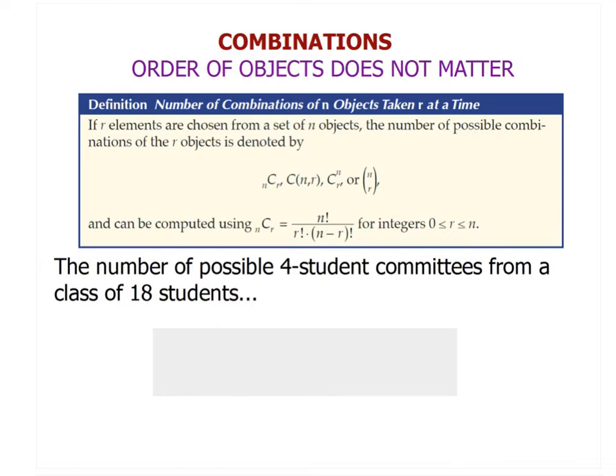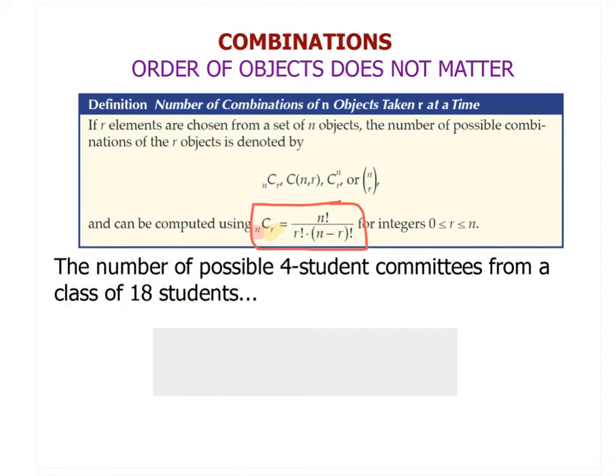Now the formula for the combination is right here. So make sure you have that written down in your notes. nCr, again, the n represents the total and the r is the subset, just like in the permutations.